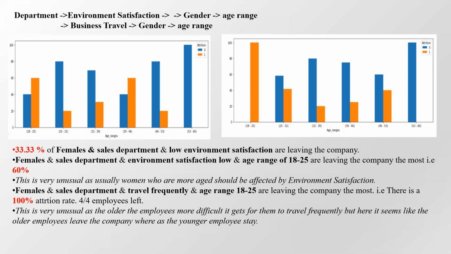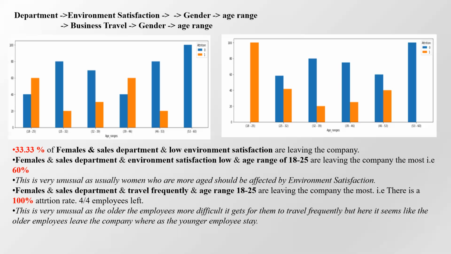Females in the sales department travel frequently, so we also checked business travel for the females in the sales department, and we found that the same age range was leaving the company the most: 4 out of 4 employees left the company, which means there was a 100% attrition rate.